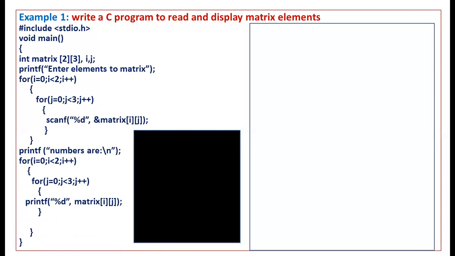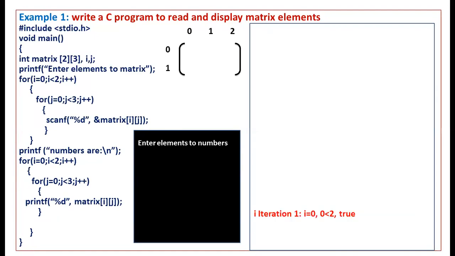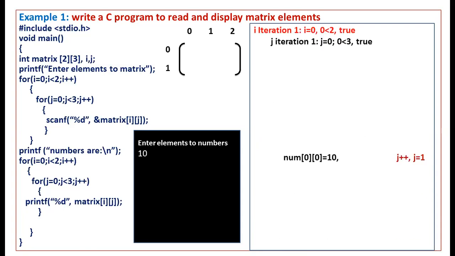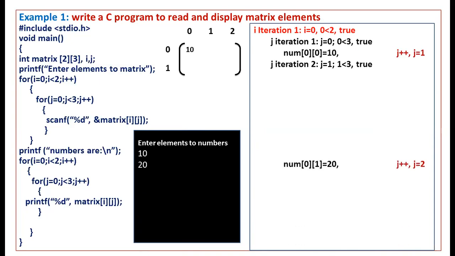It's the same as the previous program only. Inserting elements is the same as the previous program. I will not explain it, so I will not take longer. See, just imagine the matrix structure will be like this. Enter elements to matrix, not number. Enter elements to matrix. Working of the for loop is the same as the previous one.